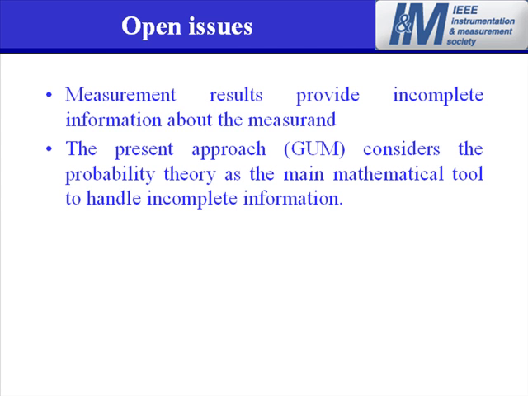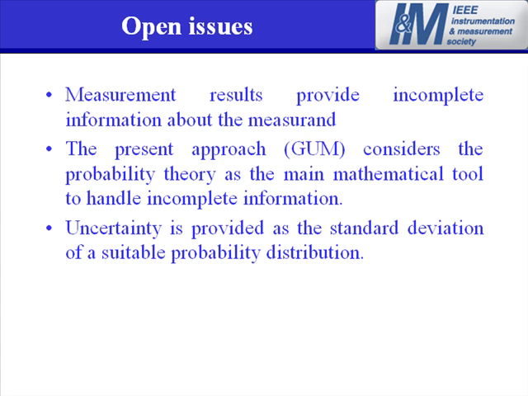We have seen that this approach has been encompassed in an official guide, the GUM, and this guide refers to the mathematical theory of probability as the main mathematical tool to handle incomplete information. According to this approach, uncertainty is expressed as the standard deviation of a suitable probability distribution.